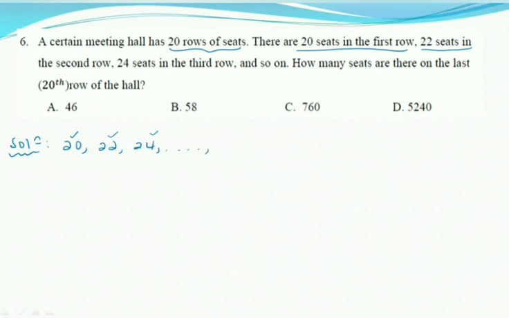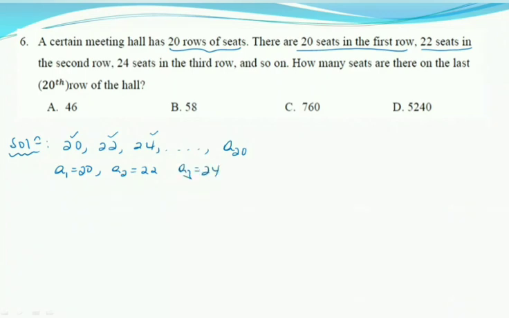We are asked how many seats are there in the 20th row. Okay, when we see the pattern of these numbers, there is a common difference between the consecutive rows' seat numbers. So you can assume the first row as A1, the second row as A2, the third row as A3.